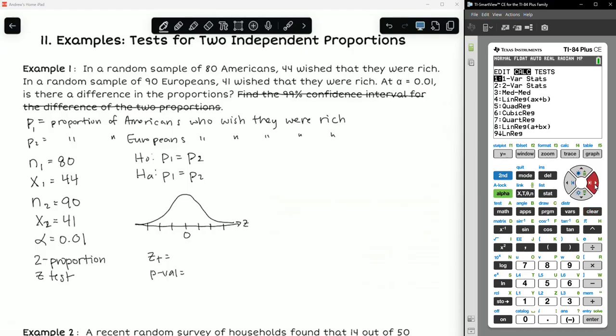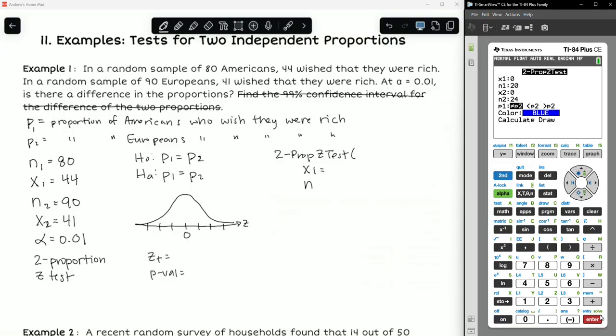So stat tests, and I want 2-prop z-test. And I'm going to jot down what that's asking for on my paper. This constitutes me showing my work. So 2-prop z-test asks for x1, n1, x2, n2, and then it asks for the alternative.